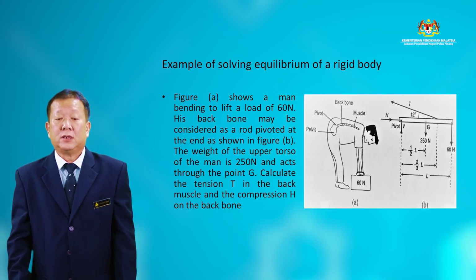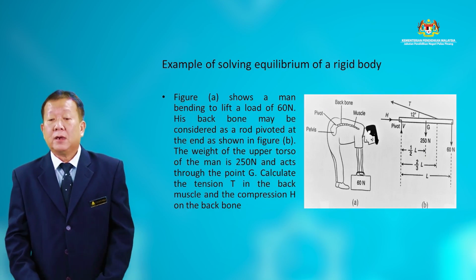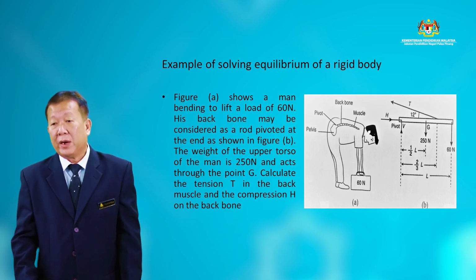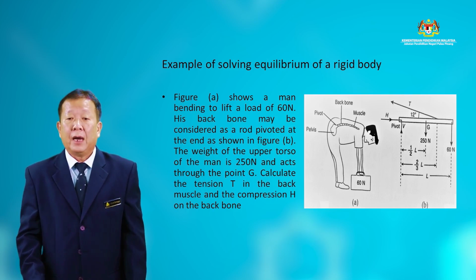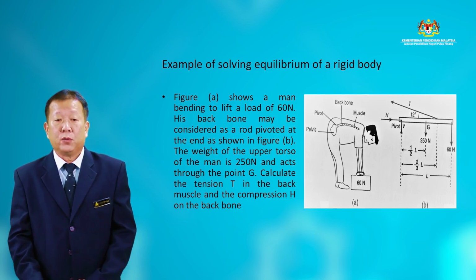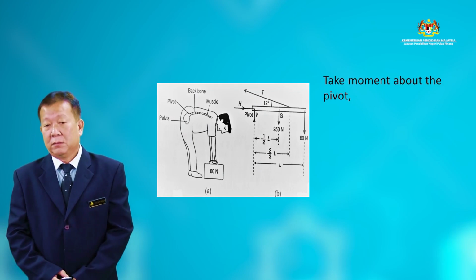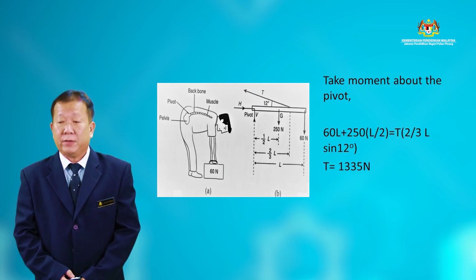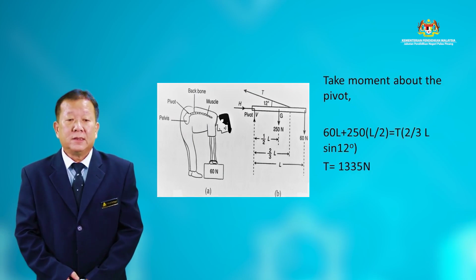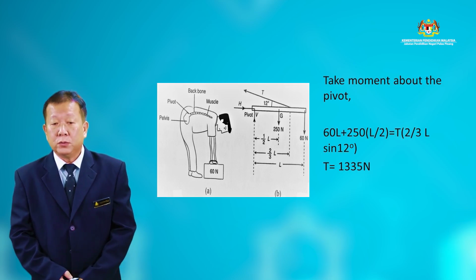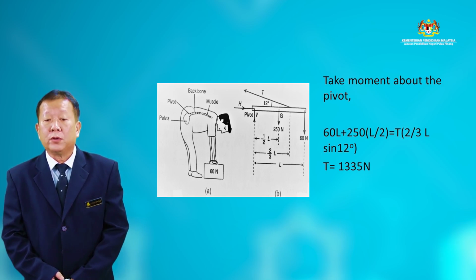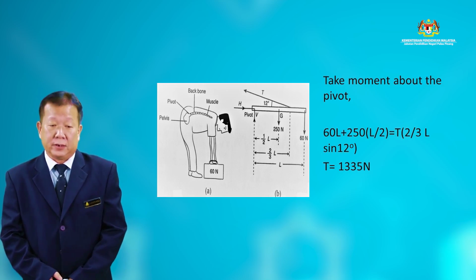Calculate the tension T in the back muscle and the compression H on the backbone. The tension T in the back muscle and the compression H on the backbone can be found by taking moments about the pivot. 60L plus 250 multiplied by L over 2 equals T multiplied by 2 over 3 L sine 12 degrees.